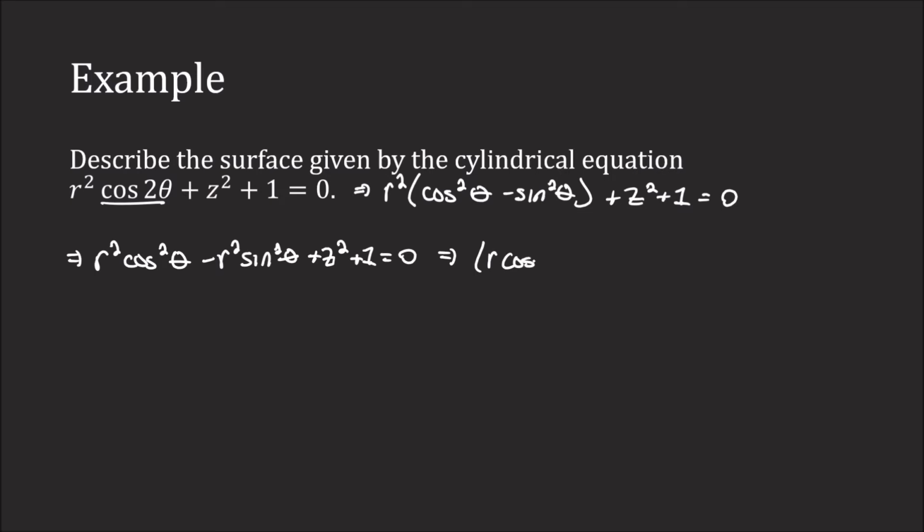So r cosine of theta, squared, minus r sine of theta, squared, plus z squared plus 1 is equal to 0. Now we can use that x is equal to r cosine of theta here, and y is equal to r sine of theta here.